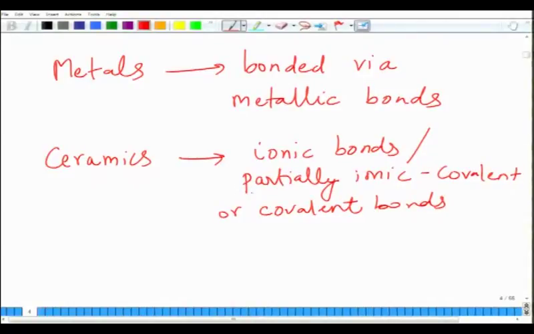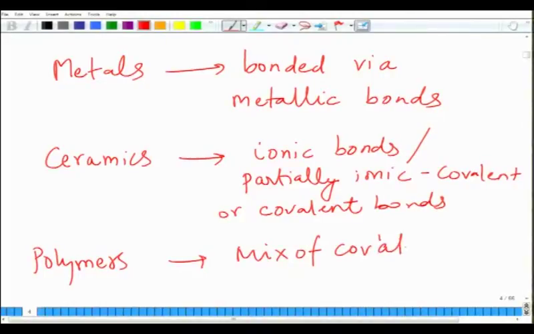Things like silicon carbide and zinc oxide will have partially ionic and partially covalent bonding. Diamond on the other hand will be predominantly covalent, or silicon will be predominantly covalent. Polymers on the other hand have a mix of covalent and secondary bonding.